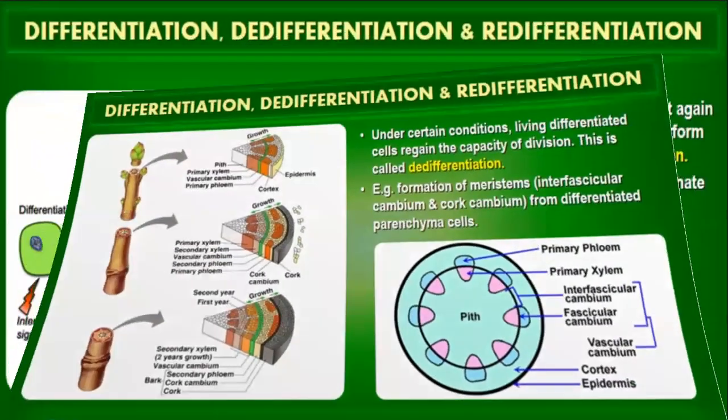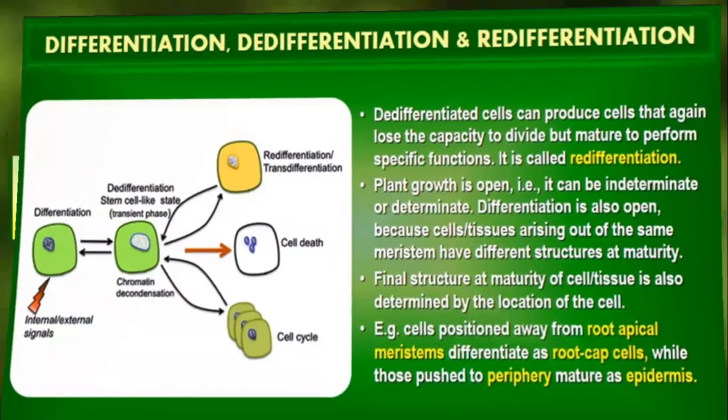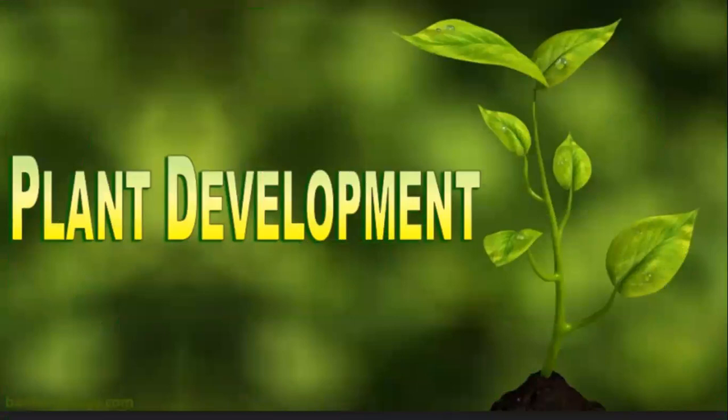Finally, redifferentiation, where the dedifferentiated cells again lose their capacity of division and get converted into a permanent tissue. Clear? Today's class we are starting with a fresh but small topic, plant development.